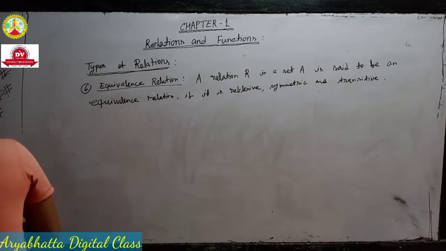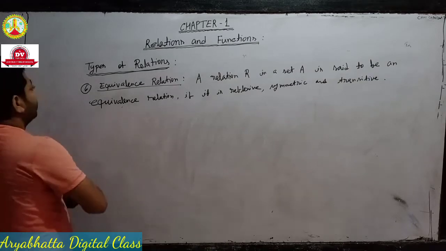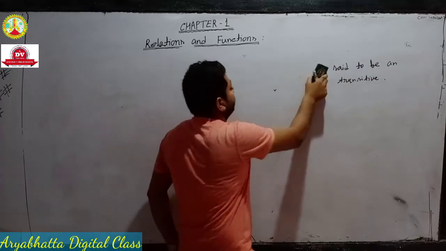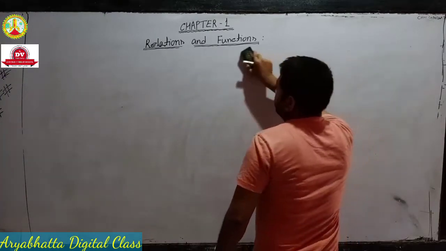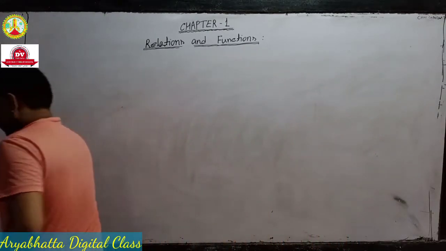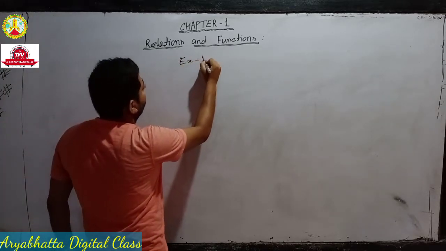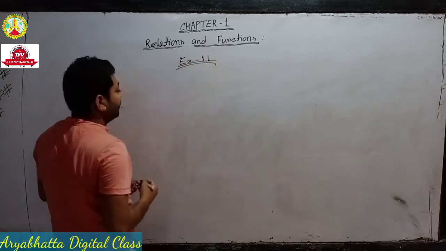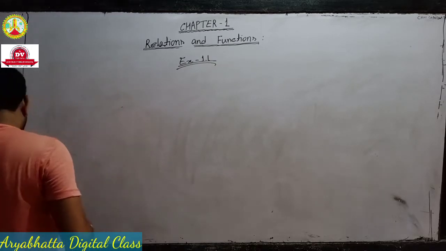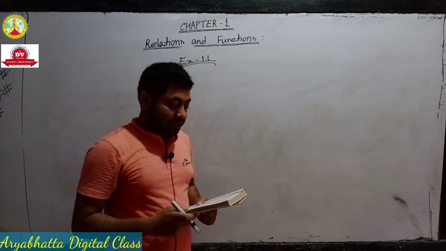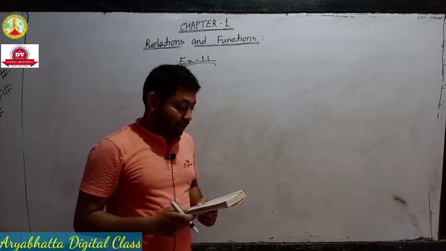Now, we will discuss exercise 1.1. Question number 1. Determine whether each of the following relations is reflexive, symmetric and transitive.